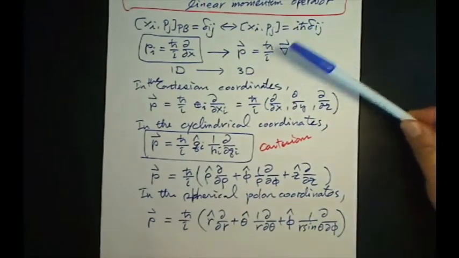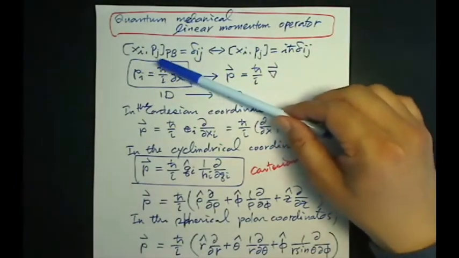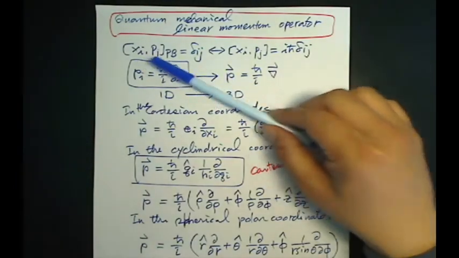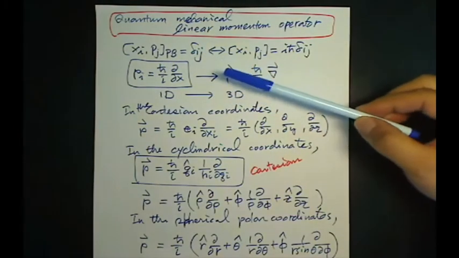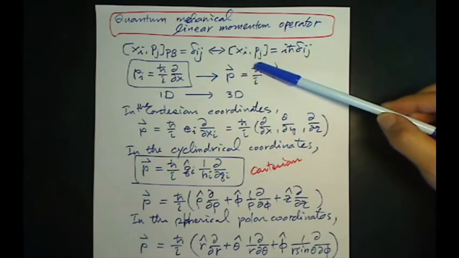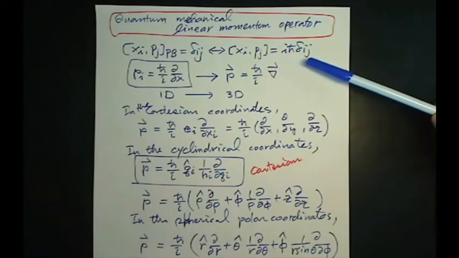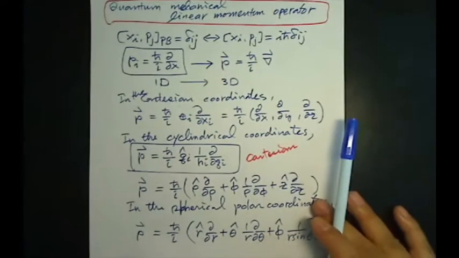We can also consider the fundamental commutation relation. The Poisson bracket for coordinate and momentum is delta ij, and applying the correspondence principle, the commutator of xi and pj should be delta ij multiplied by the overall normalization factor i h bar.